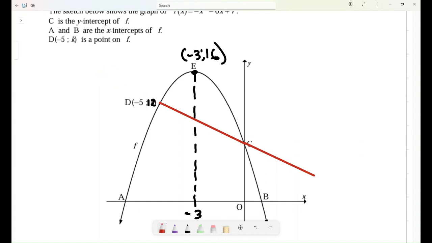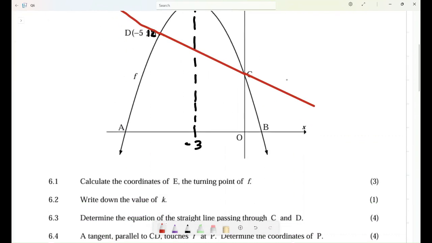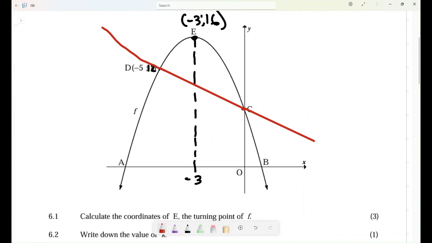This is my straight line. So I know that this straight line has important points, D is equal to -5 and 12. Let me rewrite it as D is equal to -5 and 12.